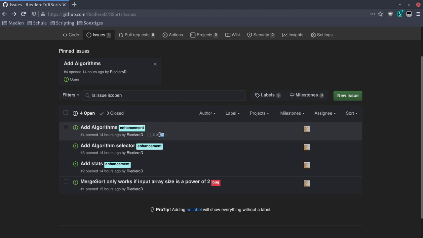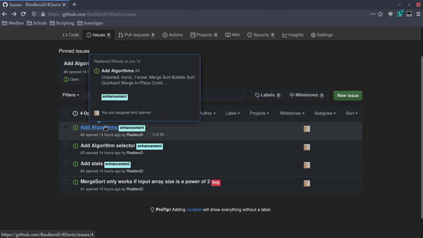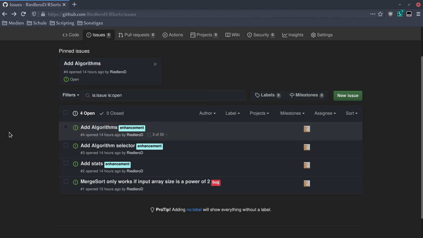Actually, no, 49, because one of them is gravity sort, and I don't like gravity sort because it's cheating. It's not sorting; it's changing the values. So that's stupid. If you want to contribute, that's probably the thing I want you the most to contribute, because that's a load of algorithms.